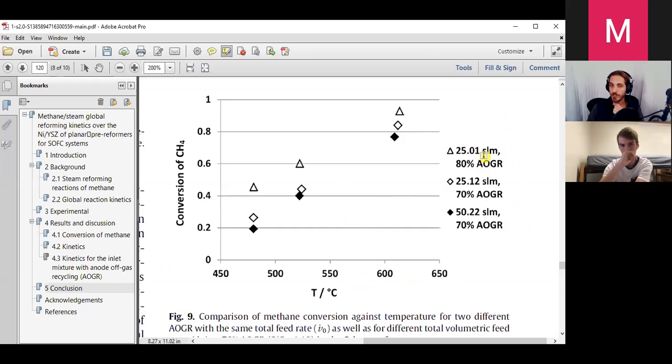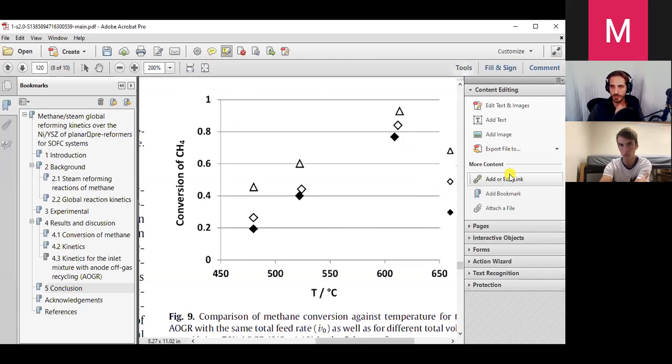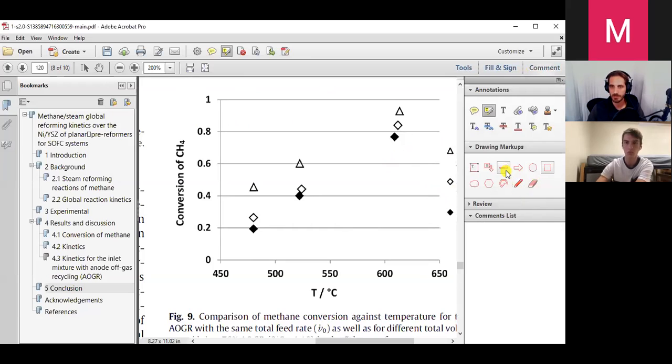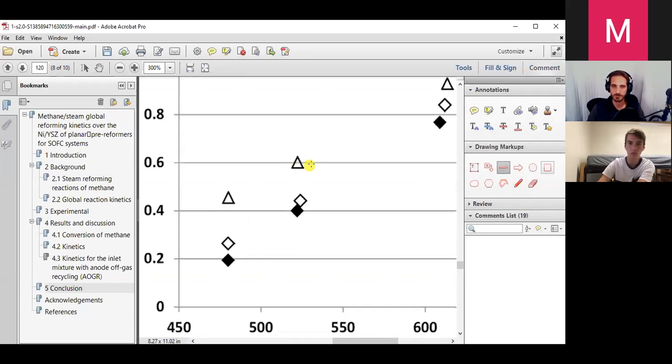But you're close, right? This 25.01, I'm really suspicious that they can actually measure that to 1 part in 100 because that's a gas flow rate. But more than that, the thing that brought me to this, let me see if I can find my markup right here.